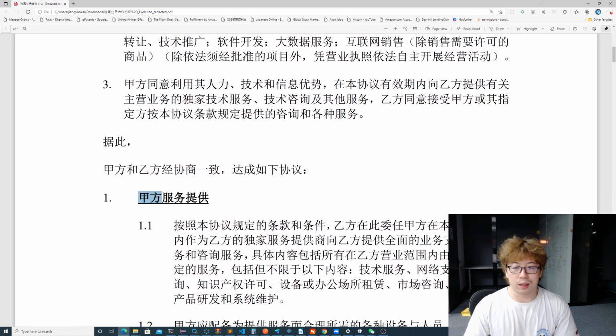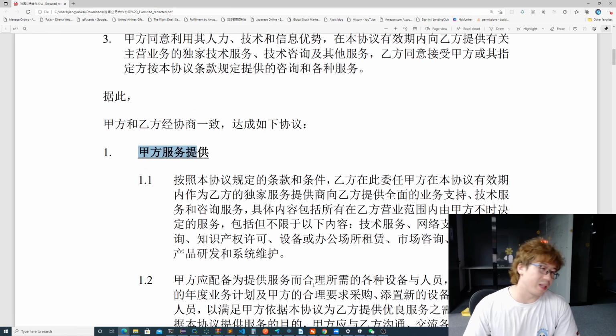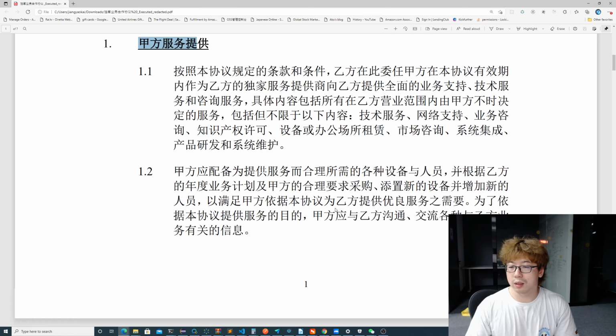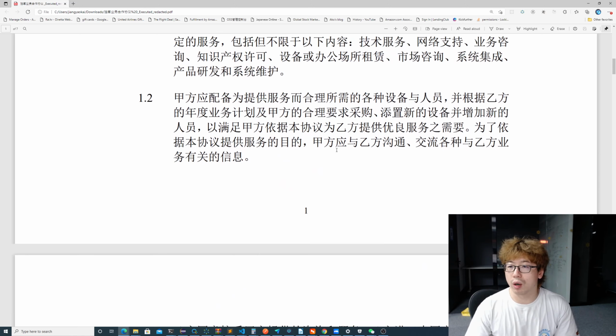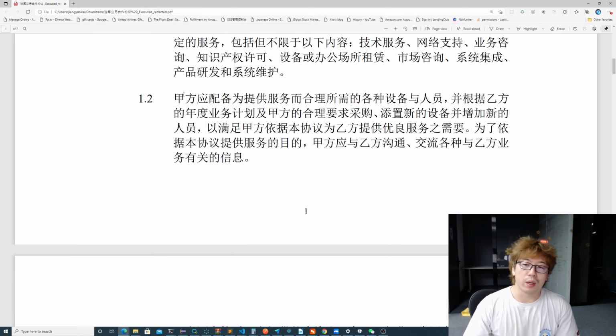And it says that Party A will provide whatever service, but the thing is, really there is no service because Party A basically has no employees in this case. Supposedly Party A is supposed to provide service and provide all the equipment and all the personnel, forever, basically.